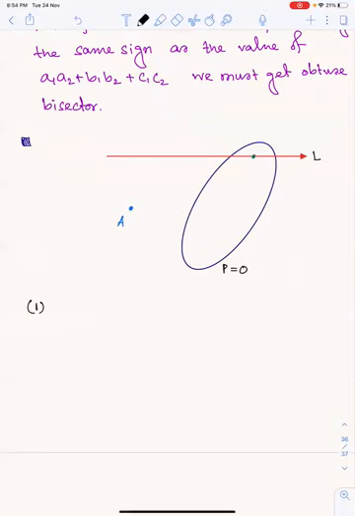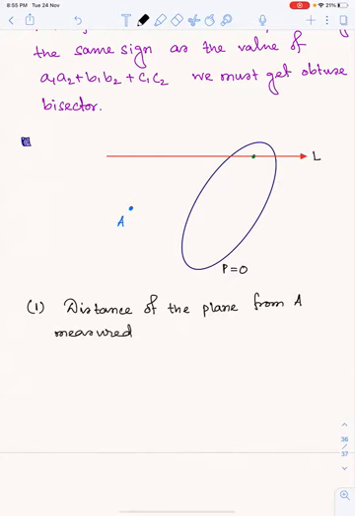On that basis, let our requirement be two things. Firstly, the distance of the plane from A measured parallel to the line.